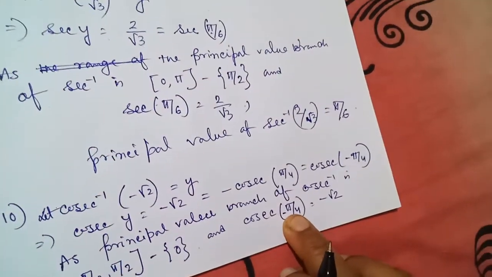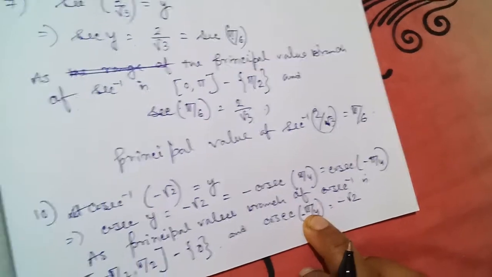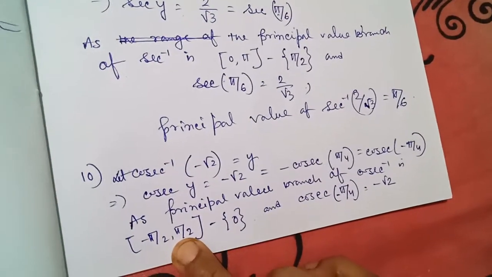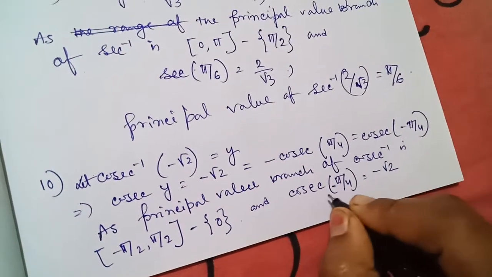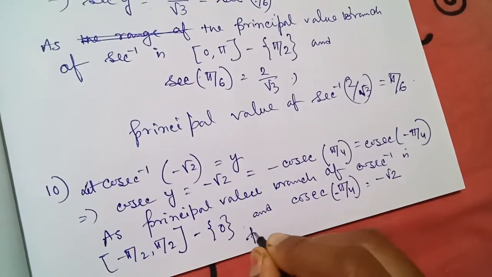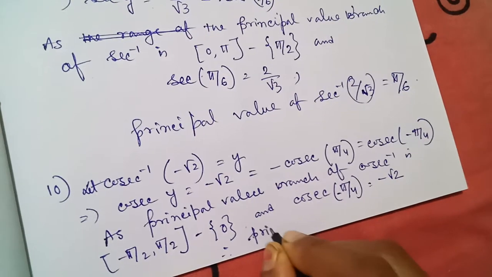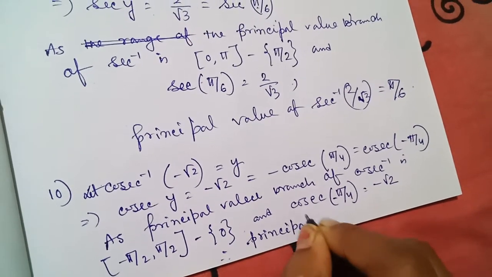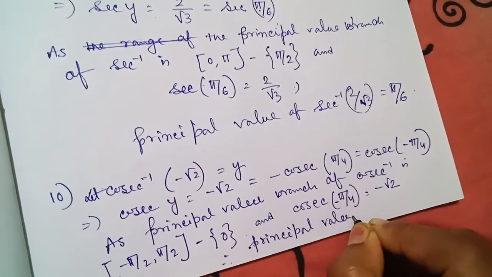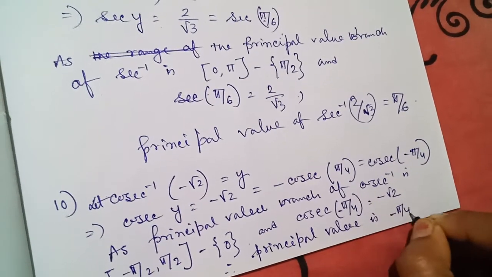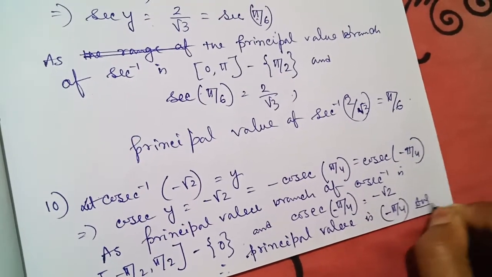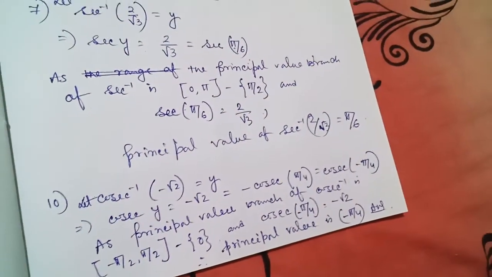You can see this minus pi by 4 lies within this range. Therefore, the principal value is minus pi by 4, and this is the answer.